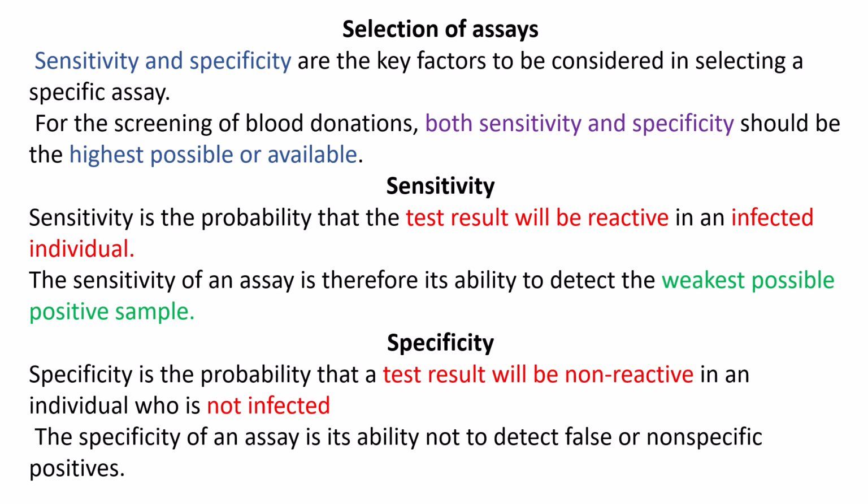Sensitivity is the probability that the test result will be reactive in an infected individual, and the sensitivity of an assay is therefore the ability to detect the weakest possible positive sample, whereas specificity is the probability that the test result will be non-reactive in an individual who is not infected, and the assay has the ability to detect all the false positives or non-specific positives.